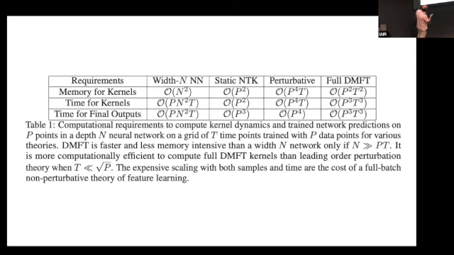Full DMFT is what we are running here, and the neural network is here. If you want to use this as a way to simulate neural networks faster, it only works if the width is much larger than P times T, with P being the number of data points and T being the number of training steps. Then this will be a faster way to simulate this, and everything is polynomial.